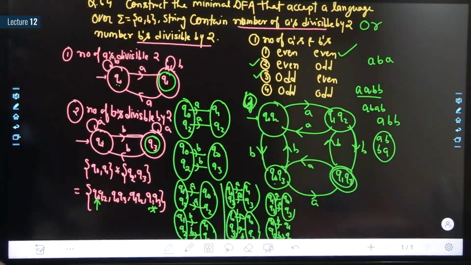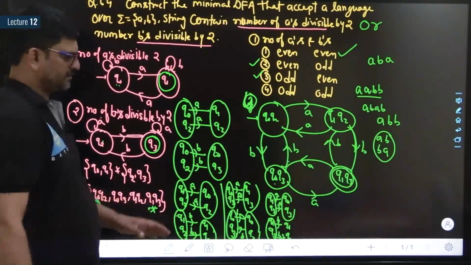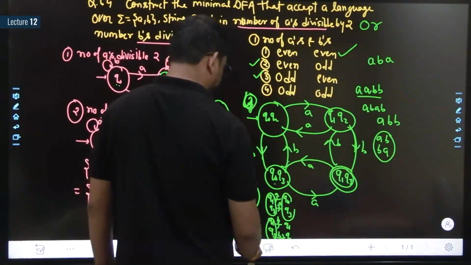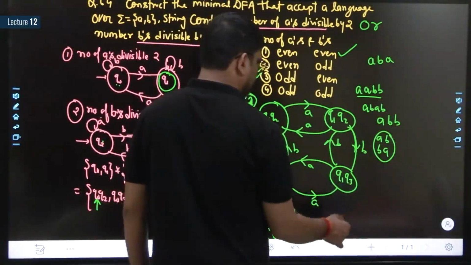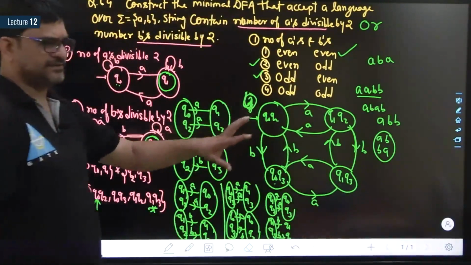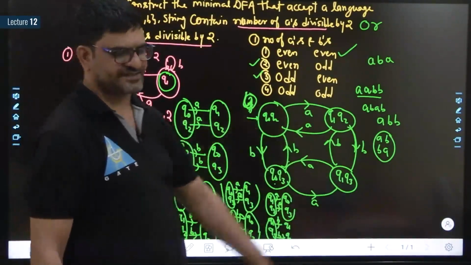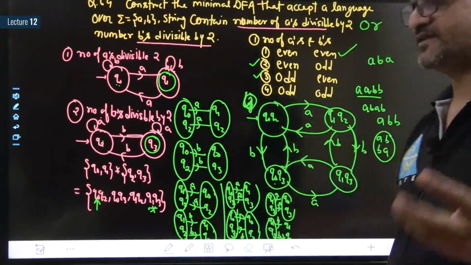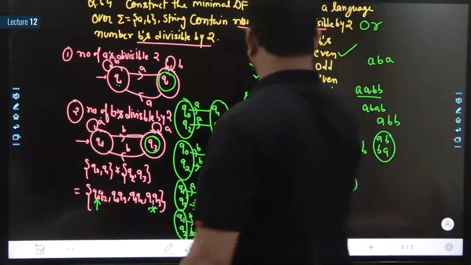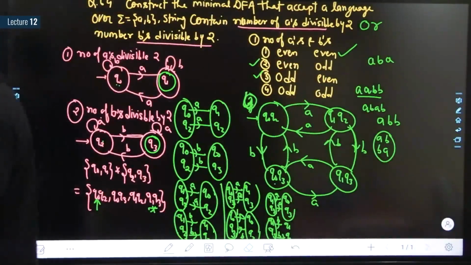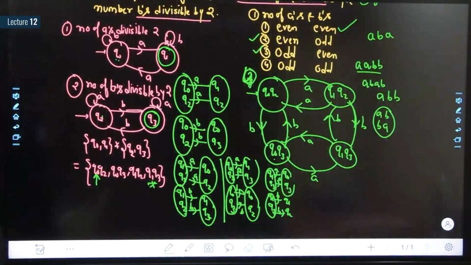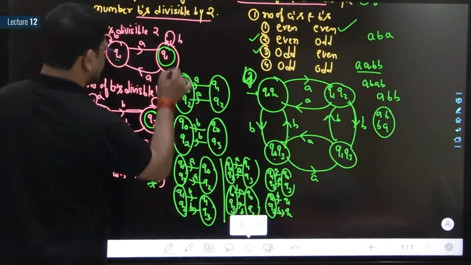Clear? Now check the first question. The skeleton is the same, the DFA is the same, but different final states are possible in this question. Now check. What are the final states?